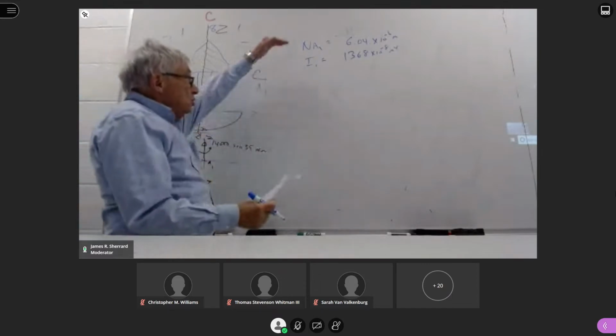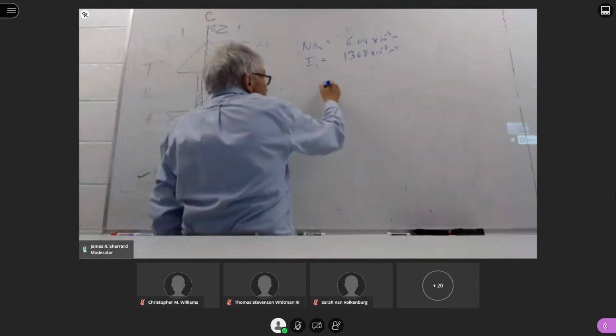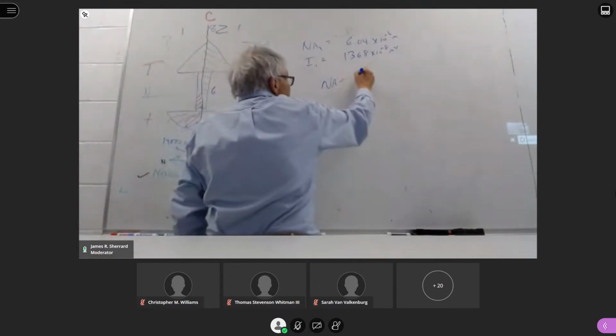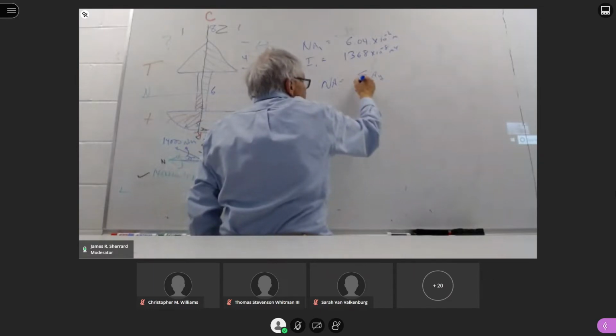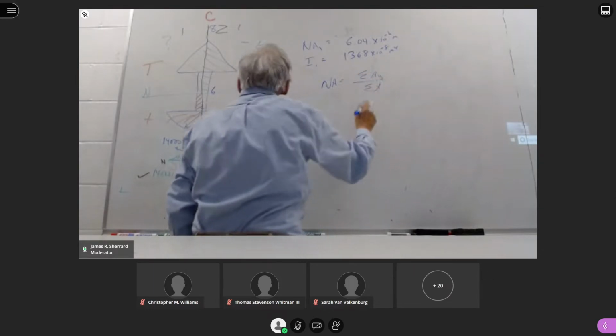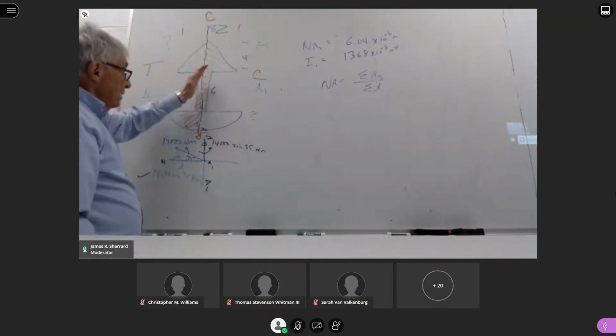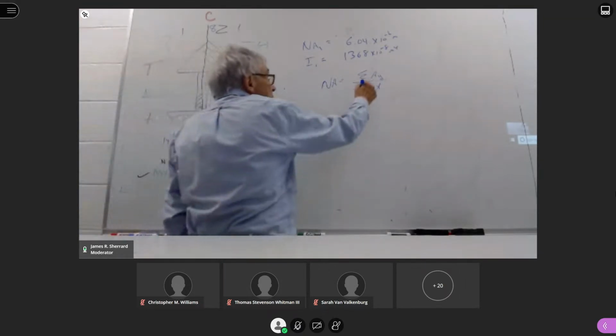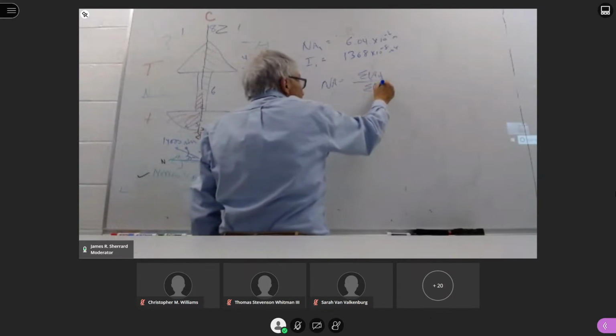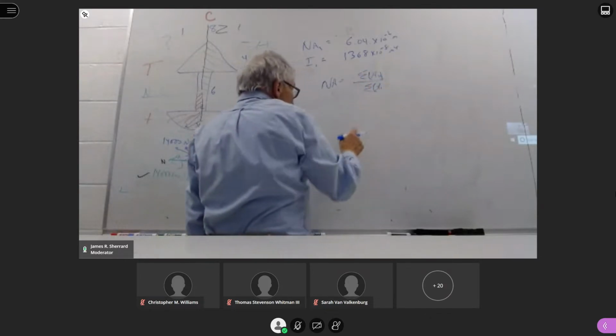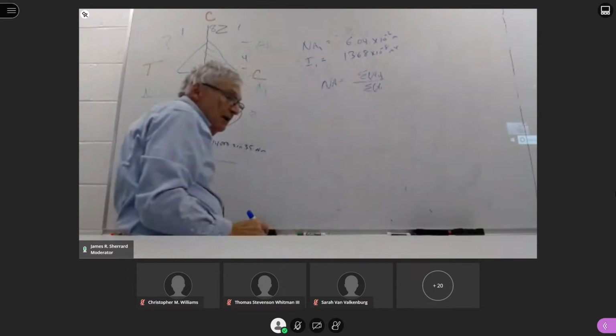Okay? Once you've calculated that, we know that the neutral axis is equal to the sum of areas times their centroids divided by the sum of areas. In this case, we had a semicircle, a rectangle, and a triangle, up here, also down here, and we had this value come out to be this.